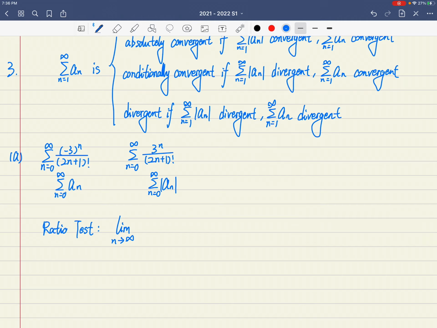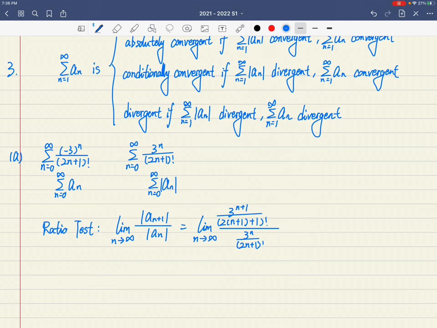So I get the limit of the absolute value of a_{n+1} over a_n. a_{n+1} is 3 to the power of n plus 1 over 2n plus 1 plus 1, factorial, over a_n, which is 3 to the power of n over 2n plus 1 factorial. So this part, 3 to the power of n plus 1 over 3 to the power of n, is 3.